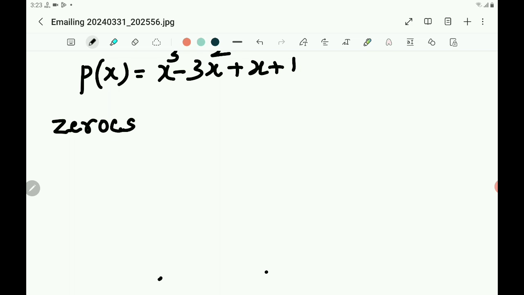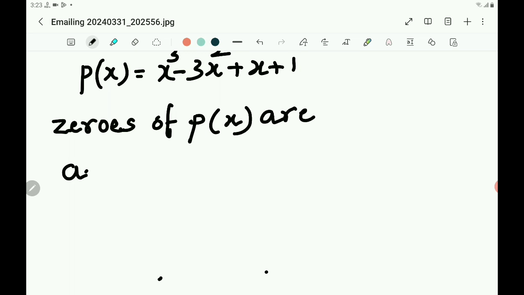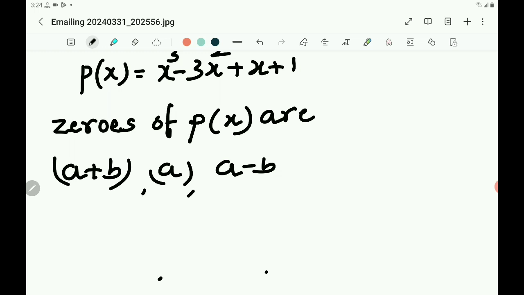Zeros of p of x are a plus b, a and a minus b. These are the three zeros.